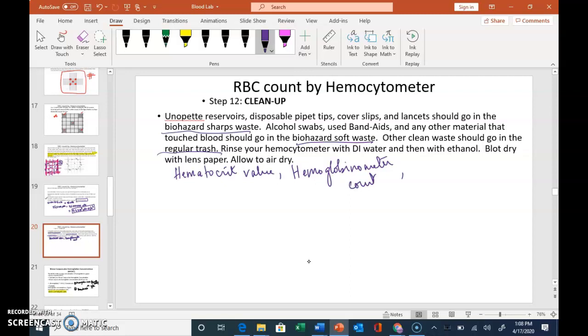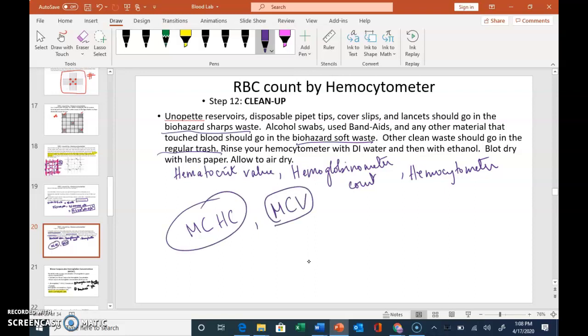And we have the hemocytometer count. So we have these 3 pieces of information. Based on these, we can calculate 2 things: MCHC and MCV.